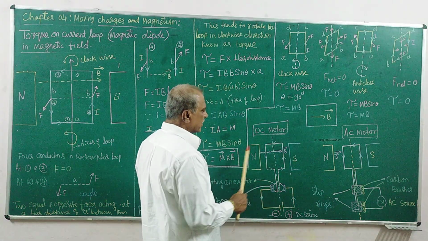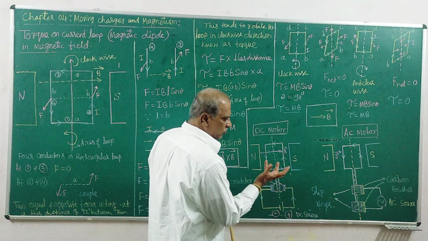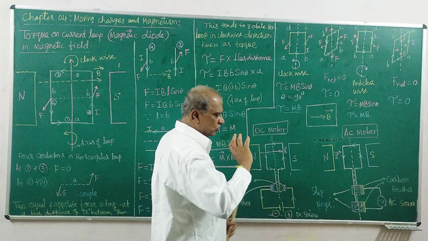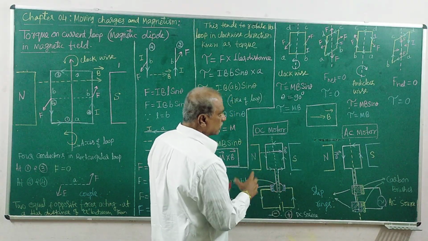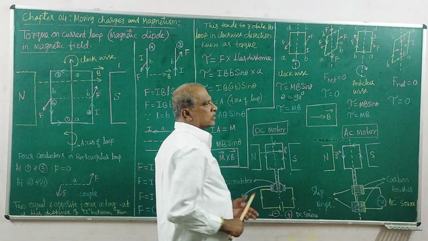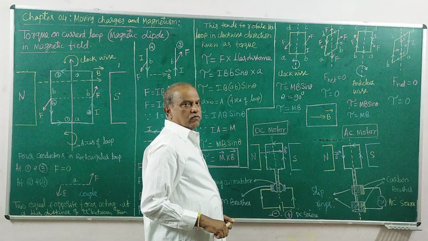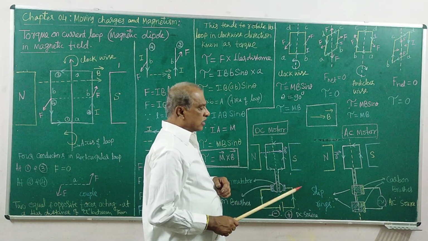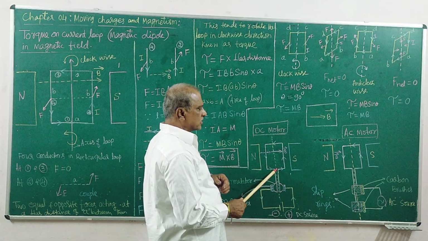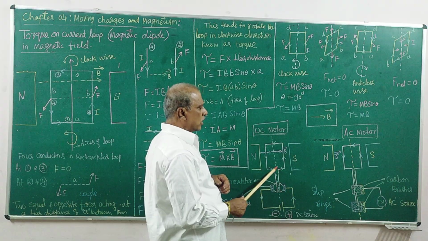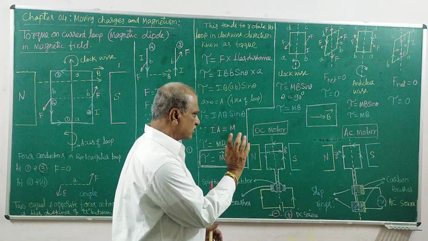If this is the direction, it is clockwise rotation, and after this, one more clockwise. It is clockwise only. For every 180 degrees, the current in the loop reverses, and the view remains the same.